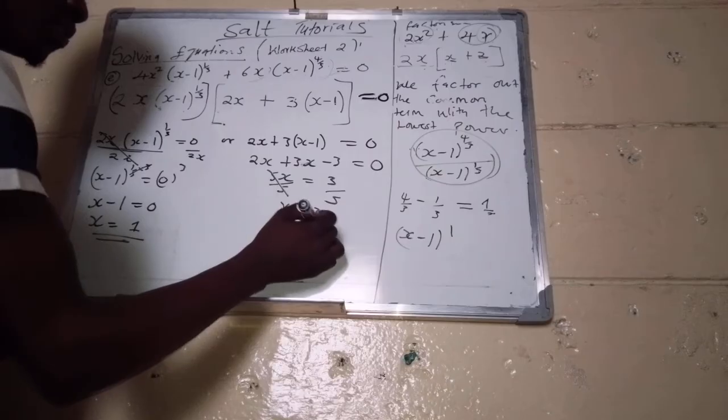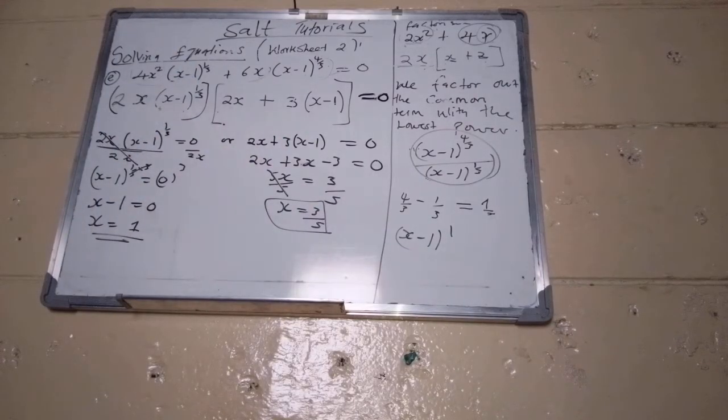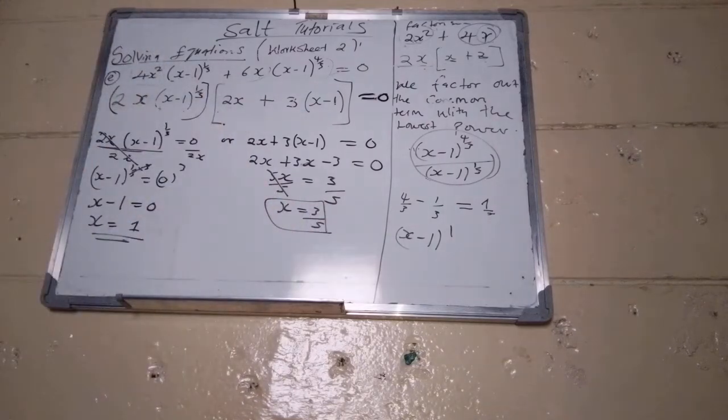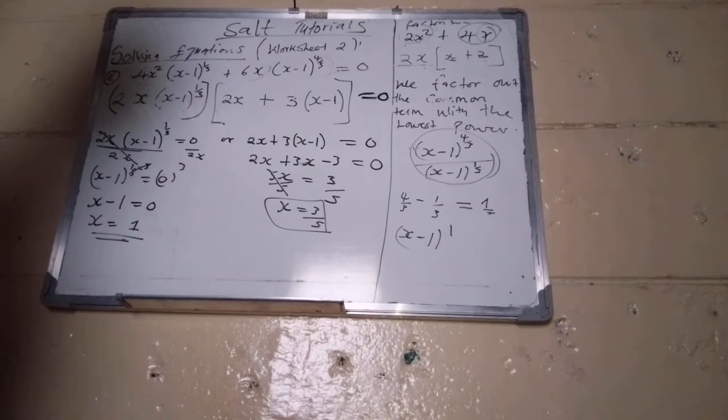This is another value of x. So how many values of x do we have now? We have x equal to 1 and x equal to 3 over 5 as our values of x.